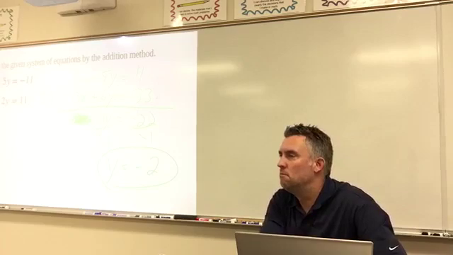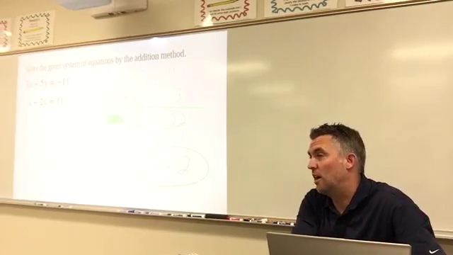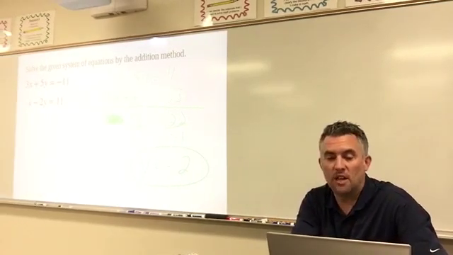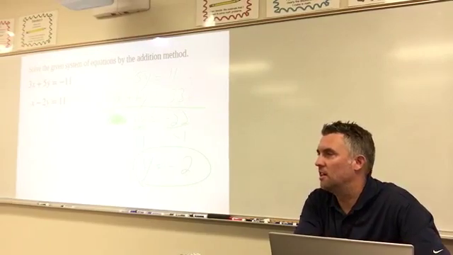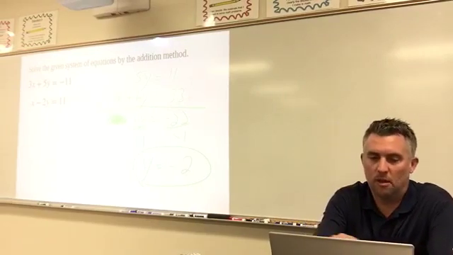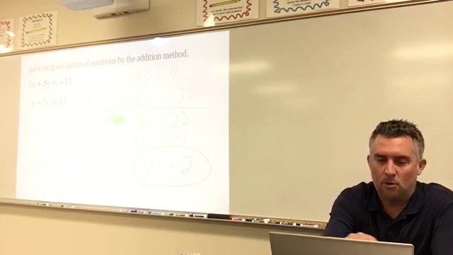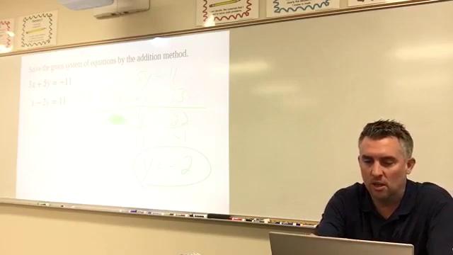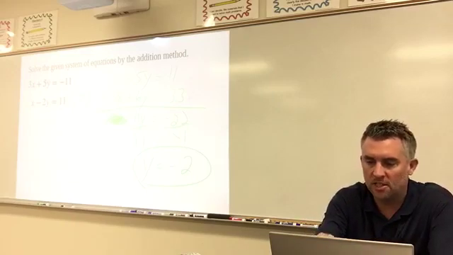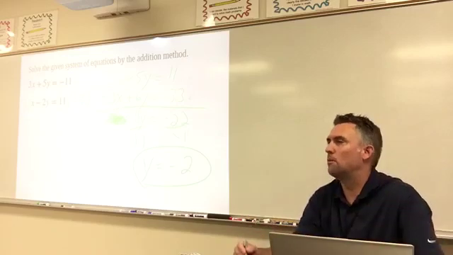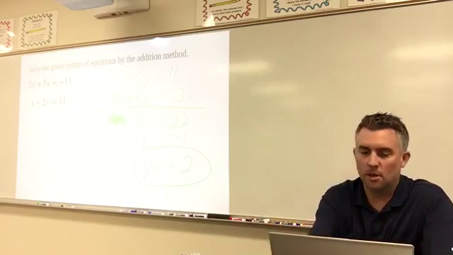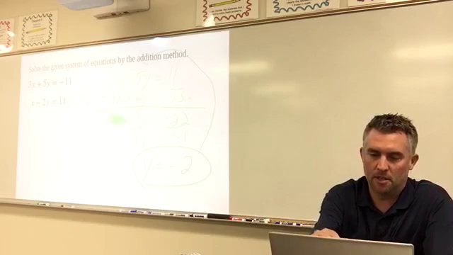Am I done? I want to solve for x and y, right? But once I've done this, the heavy lifting is kind of done. Now that I know one of them, I can just plug it back in. So I can use my top equation, I can use this equation, I can use any equation that I want, because they're all true equations. Everything I wrote down on my paper was true, right? So I'm just going to plug it back up into this top guy.